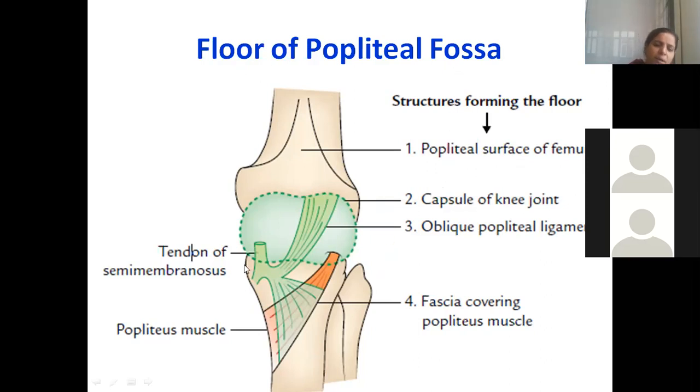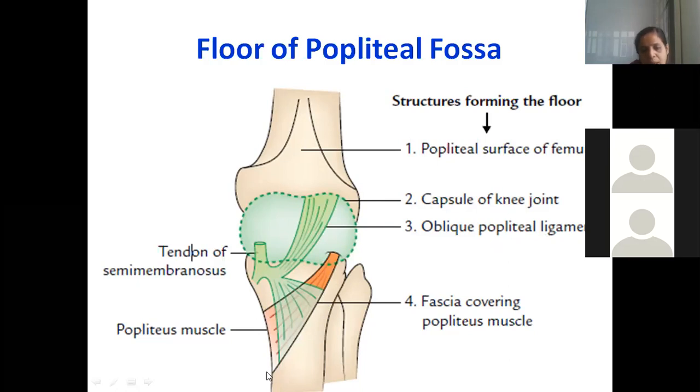Apart from that, we will also see the capsule of the knee joint. Over the capsule, you have a thickening, that is the oblique popliteal ligament. Then we have the popliteus muscle. If you remember, I told you it is intracapsular, coming from the lateral condyle of the femur. You can see the same muscle here. It gets inserted above the soleal line.